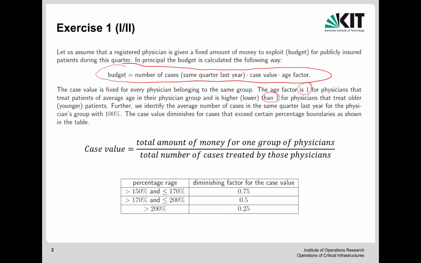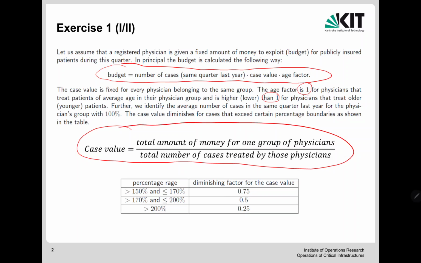Okay, then we know the average number of cases for the 100%, so that you get 100% per patient or per case. And the case value is defined, also given in the lecture, by the total amount of money for one group of physicians, let's say GPs, divided by the total number of cases treated by especially those physicians, so the total number of all the cases.